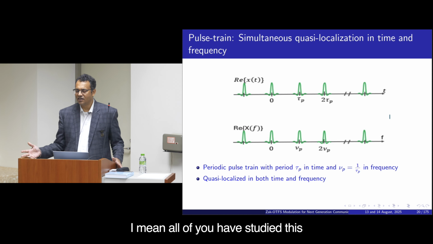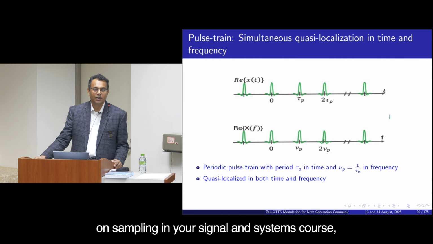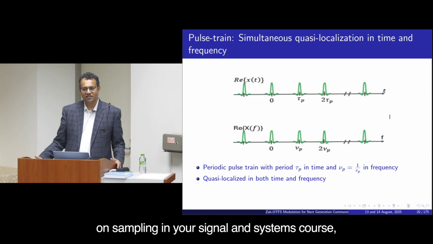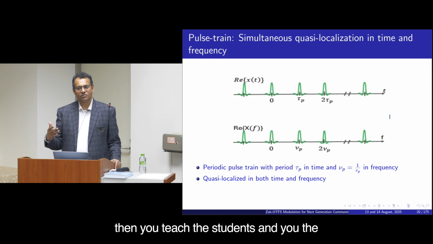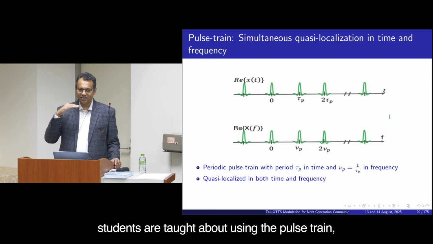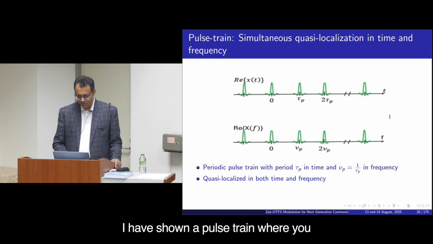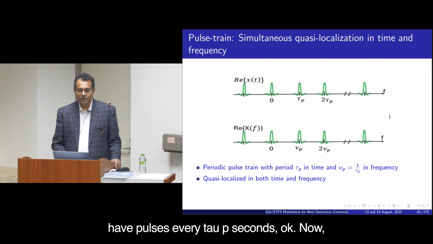All of you have studied this pulse train. When you teach this chapter on sampling in your signals and systems course, the students are taught about using the pulse train. That's the waveform. Here I have shown a pulse train where you have pulses every tau p seconds.